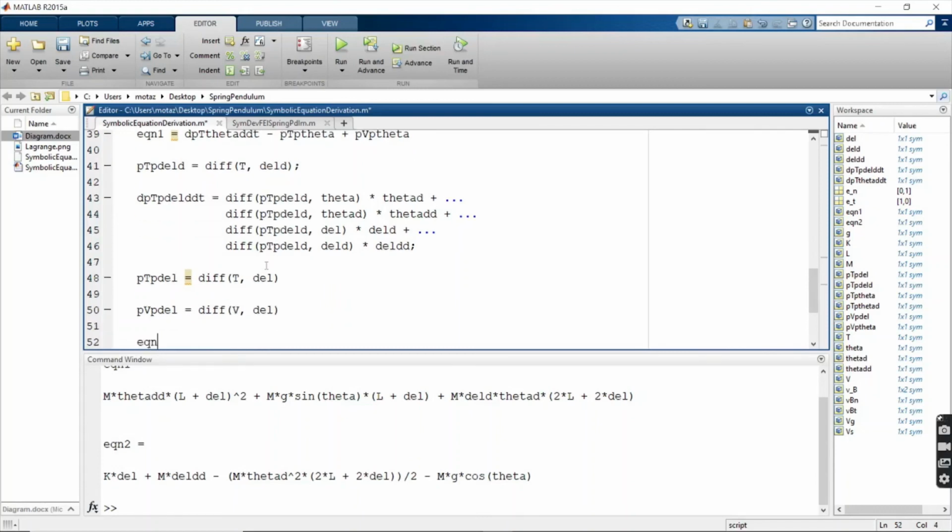And equation 2 will equal the first term minus the second term plus the third term.